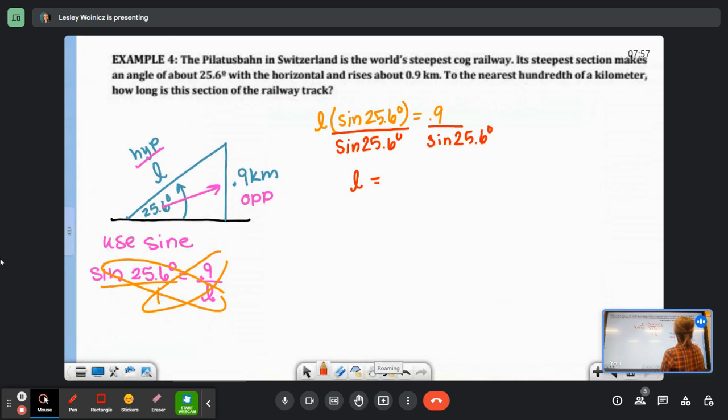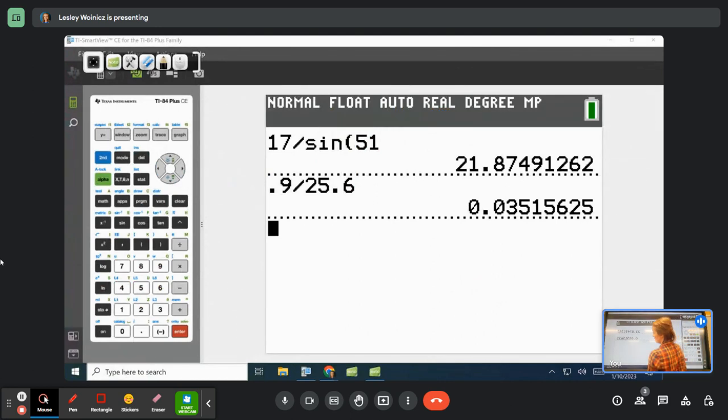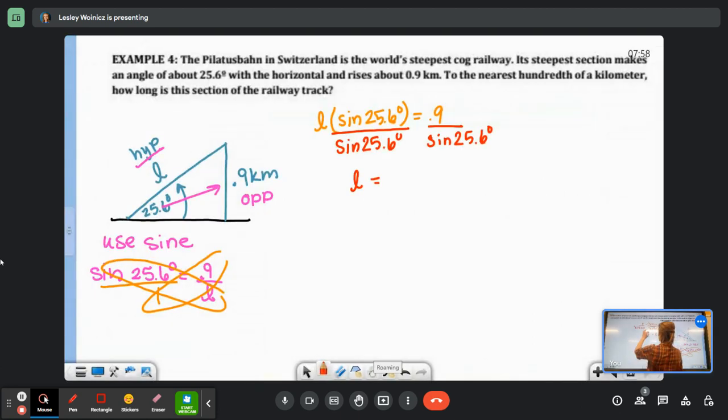To the nearest hundredth of a kilometer, that is 0.04, because the 5 makes it closer to 0.04 than to 0.03. So 0.04 kilometers.